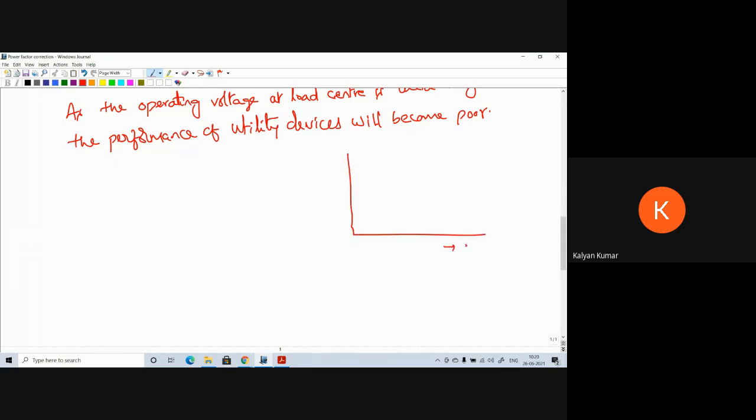Now, if you recall the inverted V curves, they are drawn between excitation and power factor. The curve will be like this.